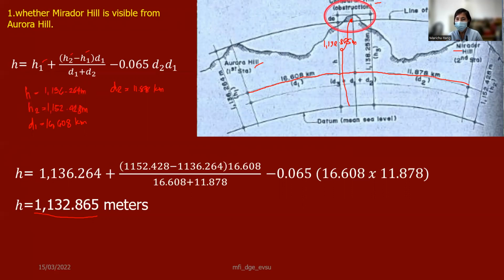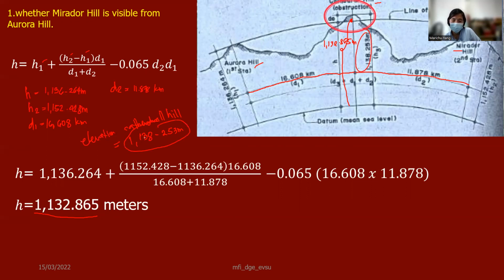So it depends sa elevation ng Cathedral Hill. From the problem, the elevation ng cathedral is equivalent to 1,138.253 meters. So, andyan sa illustration. This is the elevation of the cathedral.